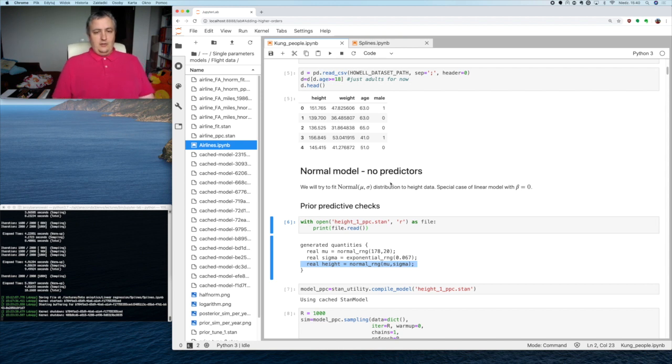Because of that, our prior will give us information that the mean should be, with 95% probability, between 138 and 218 centimeters, which gives us a very large spread for adult people that will not interfere without any other data. Data that would provide much higher heights would be problematic, but we don't expect that. In order to get a good spread for the standard deviation, we are assigning the exponential distribution.